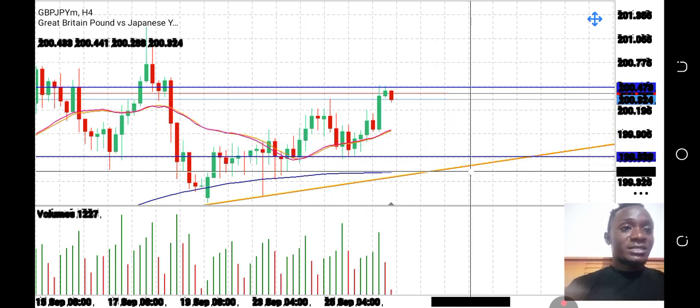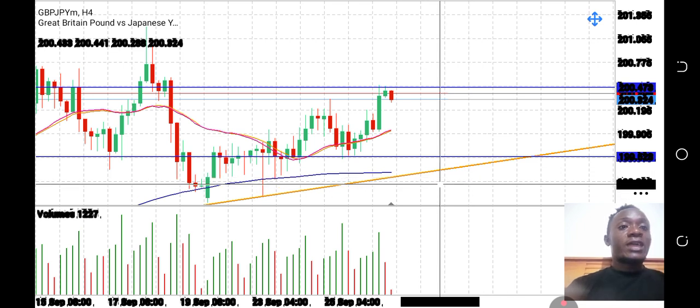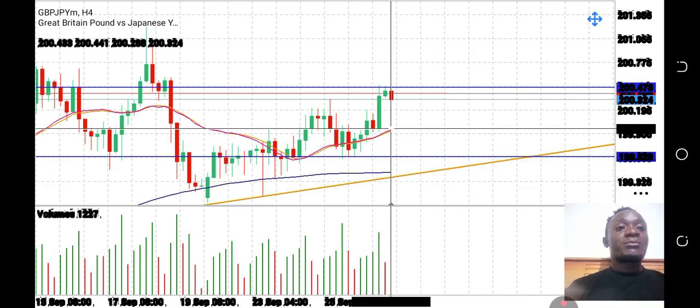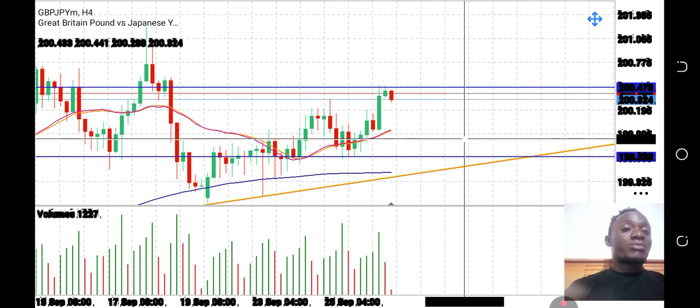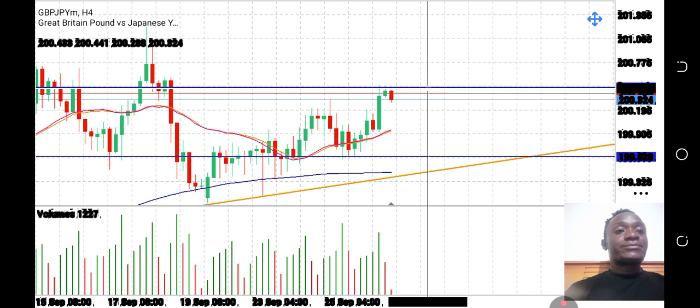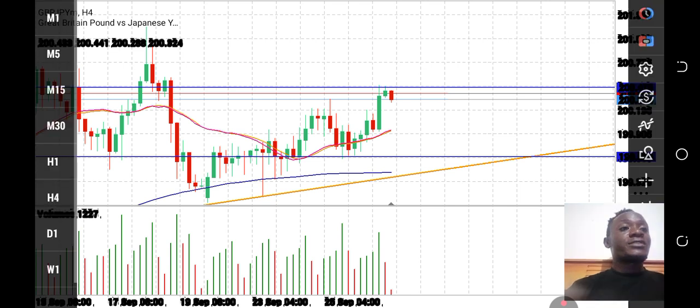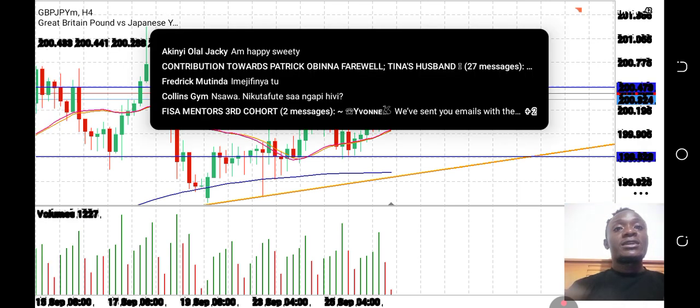When the market passes this lower horizontal line, the support, we wait for it to retrace to our supply area up here, and then we execute our order. So right now, our area of interest will be at this point right here.